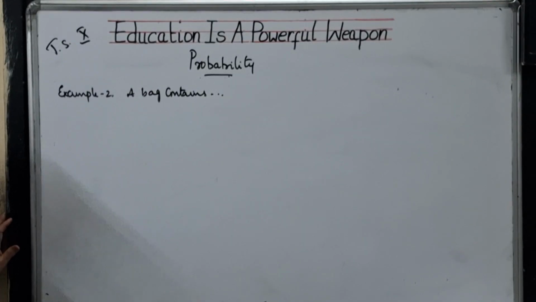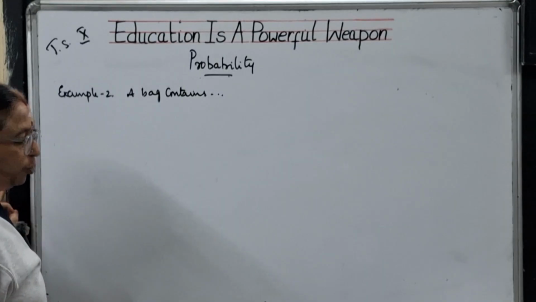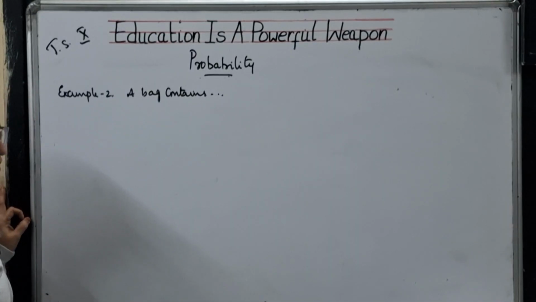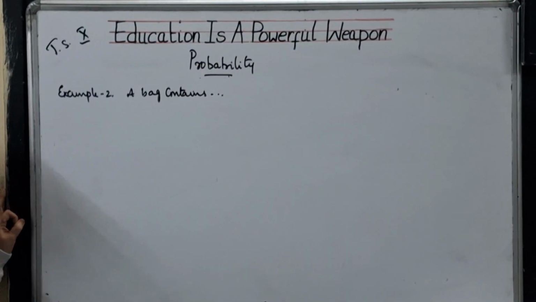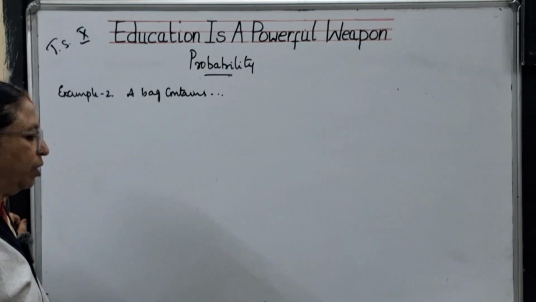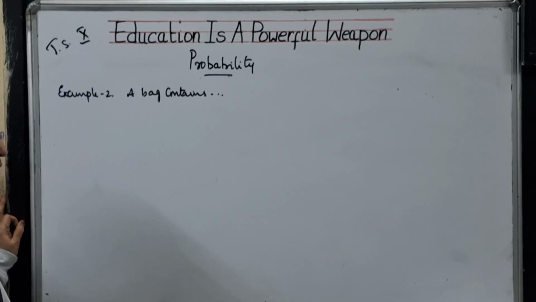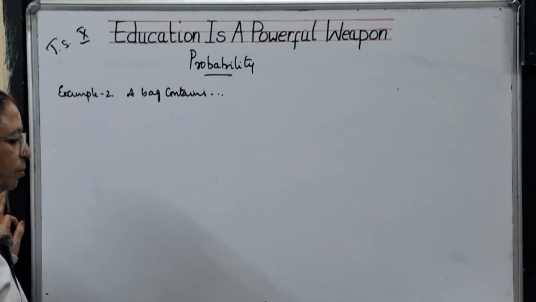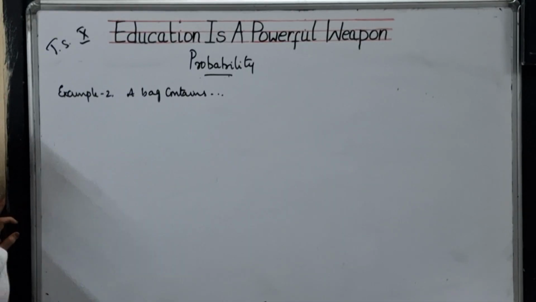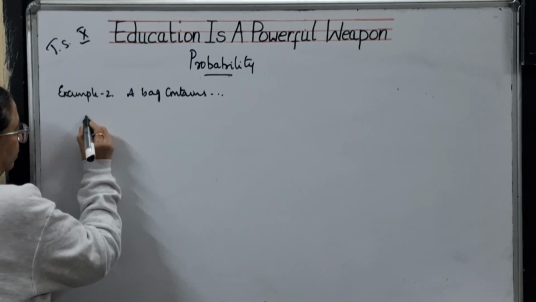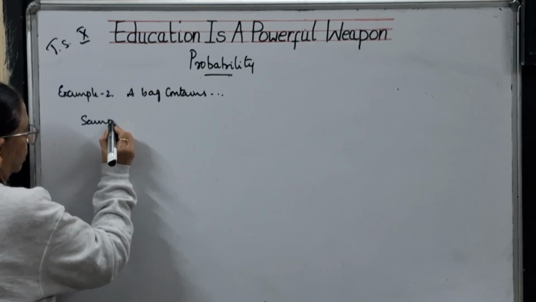Example 2 is like this, children. A bag contains a red ball, a blue ball, and a yellow ball. All the balls being of the same size, Manasa takes out a ball from the bag without looking into it. What is the probability that she takes a yellow ball, red ball, or blue ball? So, first one, what is the sample space?